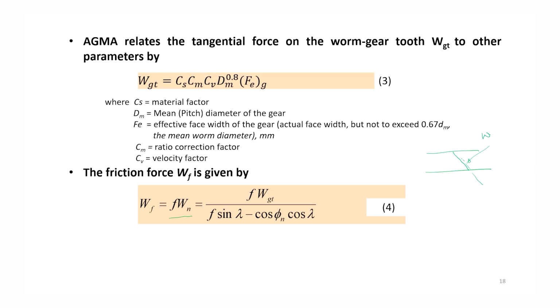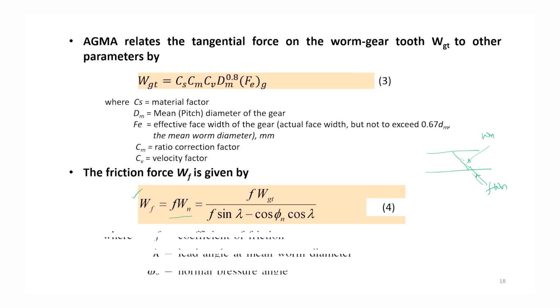So, f multiplied by Wn was the frictional force. We have a relationship for the Wn and the WGT in terms of the coefficient of friction, phi n and lambda. So, Wf can be obtained from this equation 4.